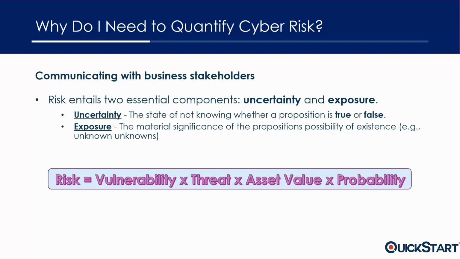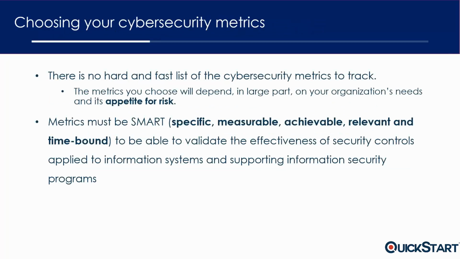You've probably seen this quasi-equation floating around the internet here and there. It's been used for as long as I can remember: vulnerability times threat times asset value times probability equals risk. And that really is all we're doing when we're qualifying and quantifying risk for ourselves. So how do we decide what we are going to use as measuring sticks?